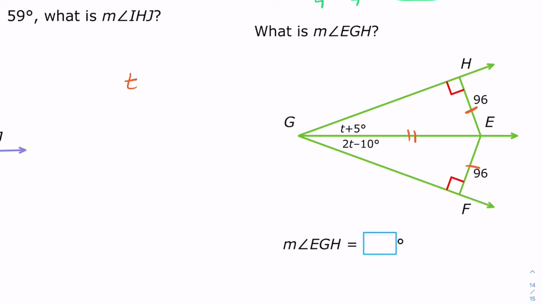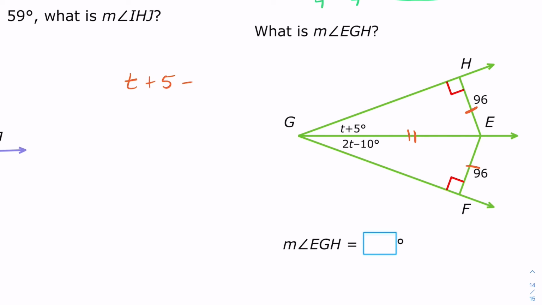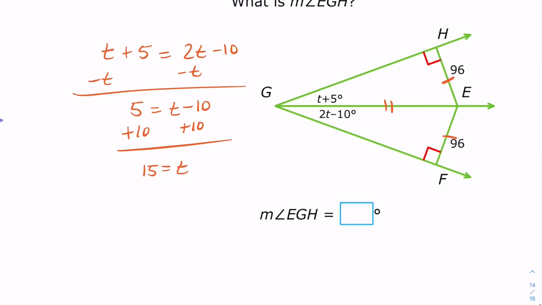So T plus 5 equals 2T minus 10. So take away T. So I get 5 equals T minus 10. So plus 10. So 15 equals T.